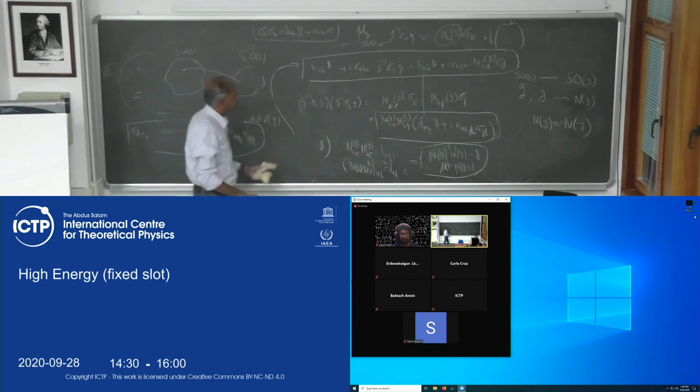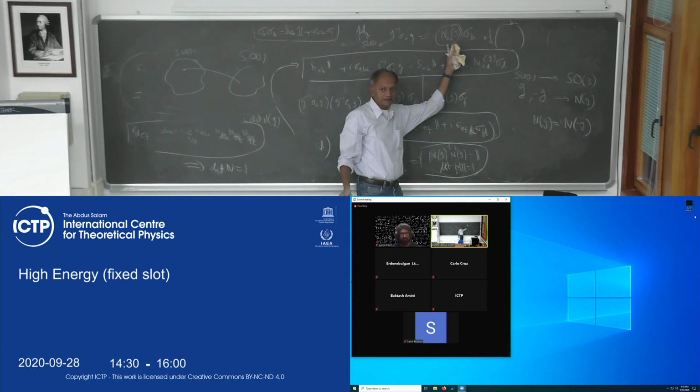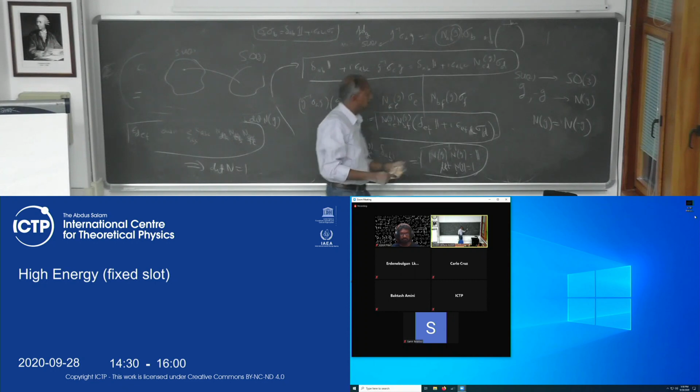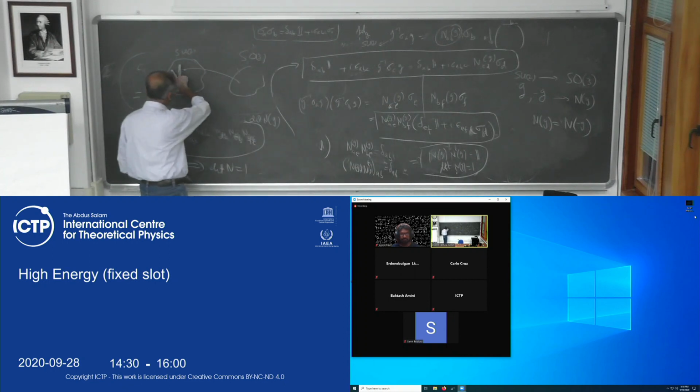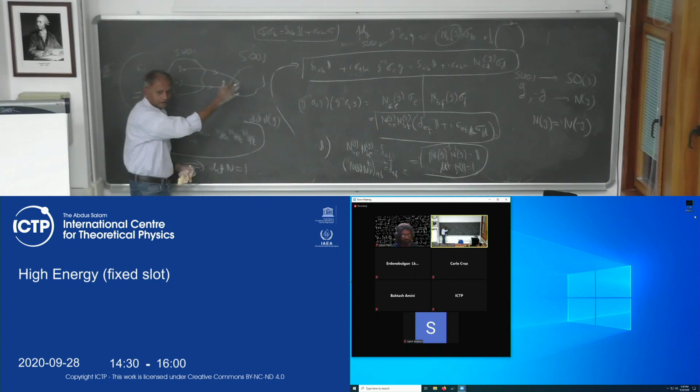So for every element of SU2, I am associating a 3 by 3 orthogonal matrix with determinant 1, which means an element of SO3. So all of this space is mapped there. It's not a one-to-one map because G and minus G are mapped to the same point here. No? They're mapped to the same point. But we don't know, maybe it doesn't cover the entire SO3.